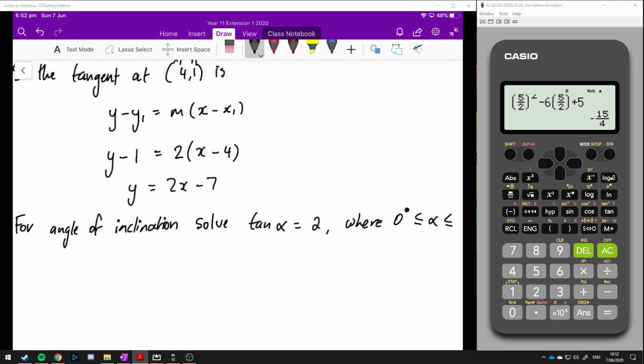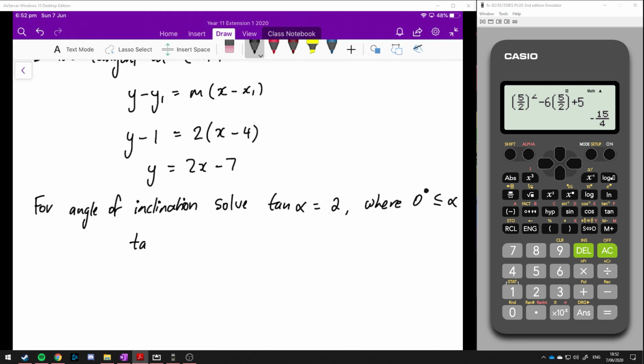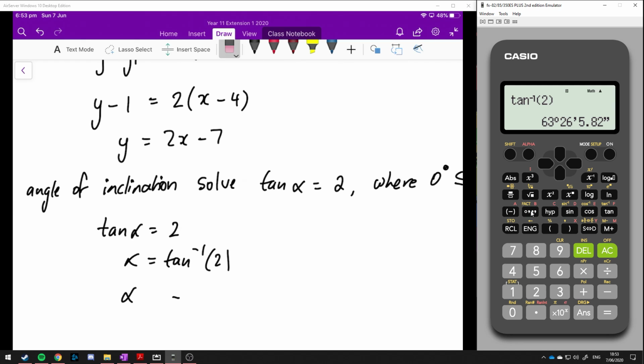So solving that, tan alpha is equal to 2, take the inverse of both sides, I'm going to get that alpha is equal to inverse tan of 2, and I feel like we've done this one before. We're going to get 63 degrees.